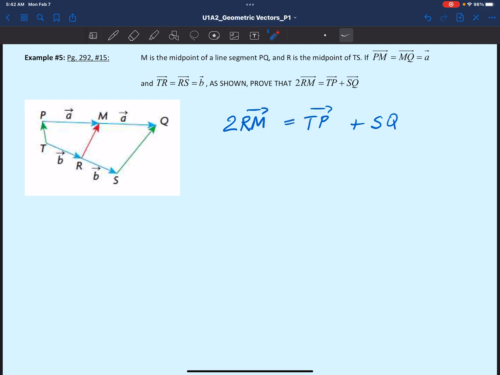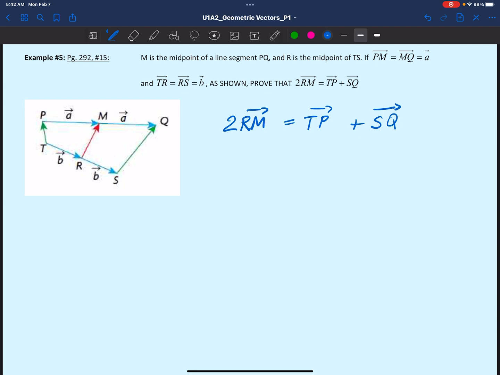So you can do either or, but remember we cannot take terms from one side to the other when we're solving proof problems or when we're proving statements. So I'm going to start off with TP, and I will try to express TP in terms of the other vectors in this diagram.